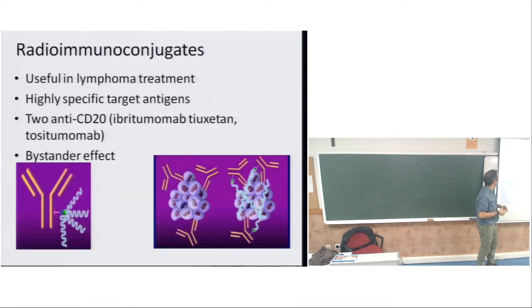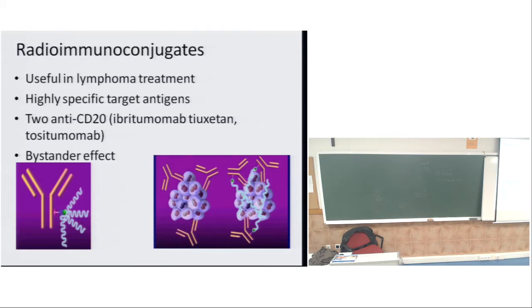And what is more is that you will find what is called a bystander effect. Okay, what is a bystander effect? Let's see. For instance, let's say that rituximab is an anti-CD20 monoclonal antibody against non-Hodgkin lymphoma. So this antibody will kill this cell, and this cell.